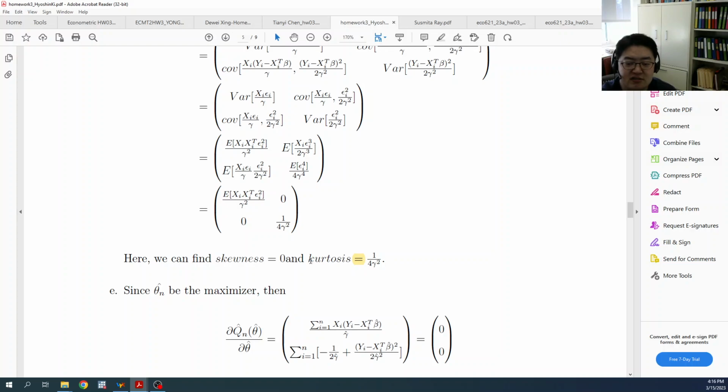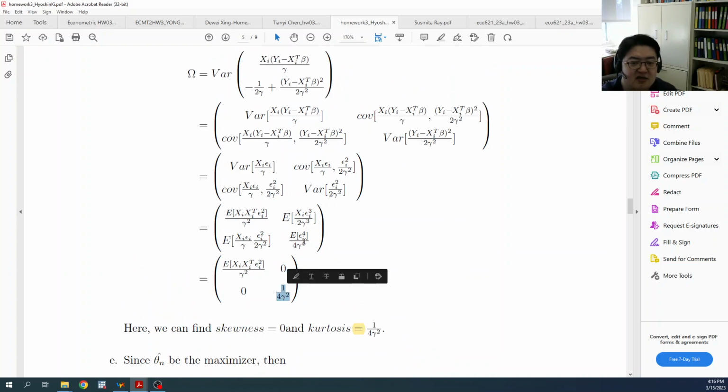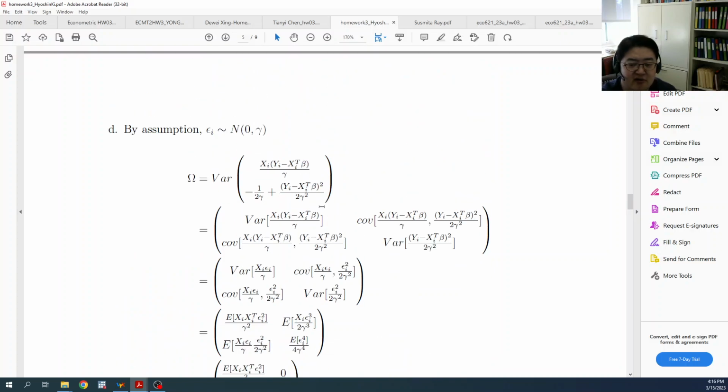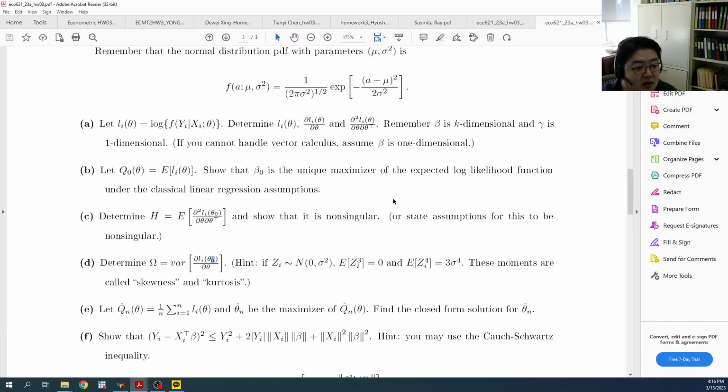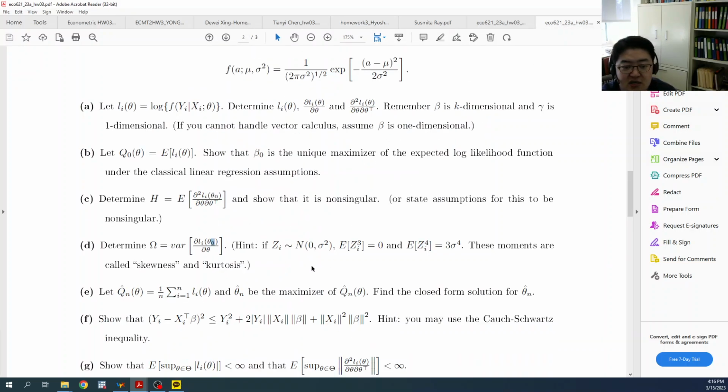Here, kurtosis, we don't call this the kurtosis. This is just the variance of this part, the variance of something, but we don't say kurtosis. Kurtosis is the fourth order. Fourth order moment is called kurtosis.